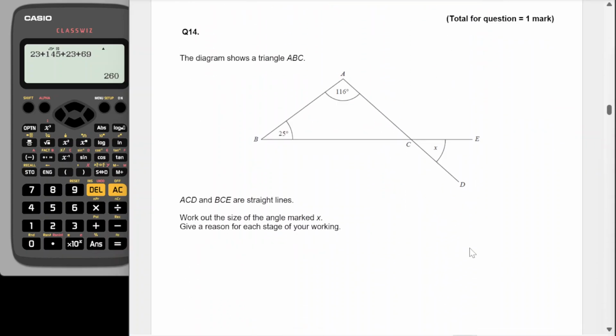Question 14. We've got A, B, C, D and D, C, E are straight lines. Work out the size of the angle marked with the X. So the angle marked with the X is going to be the same as the angle ACB, which will also equal X. And I like to put my reasons in a bracket as vertically opposite.